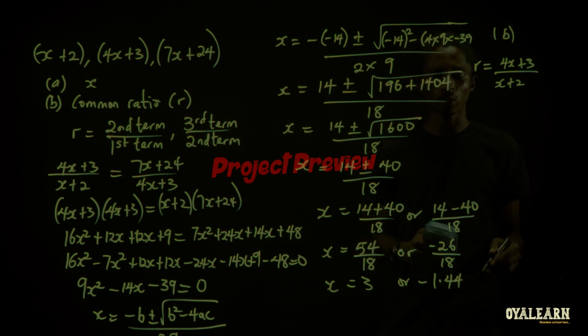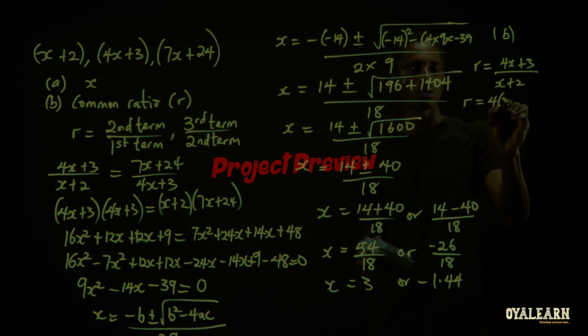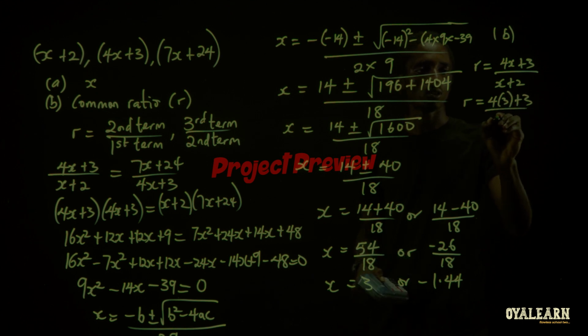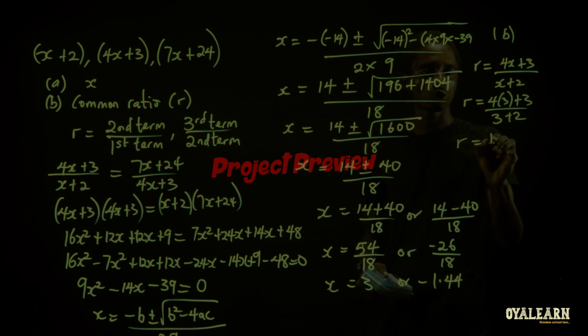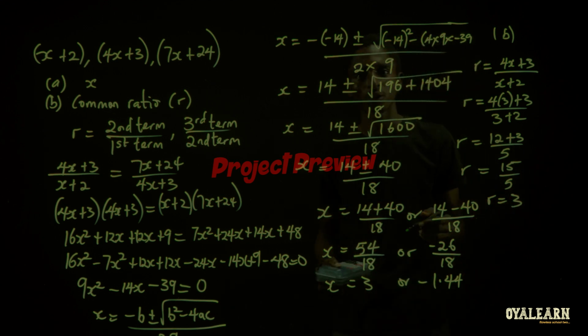And when we put in the value of x, which is 3, our value for r then becomes 4 into 3 plus 3 over 3 plus 2, making it 12 plus 3 over 5. Our r is then 15 over 5, making r to be 3. And that is how we solve this question.